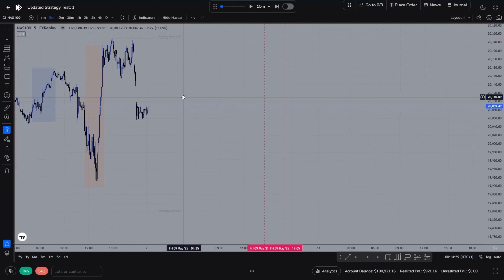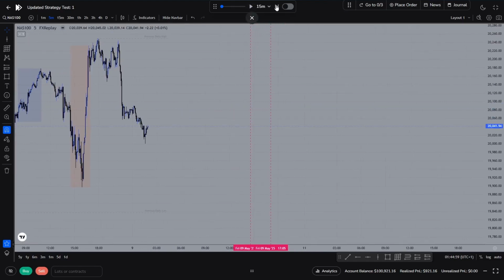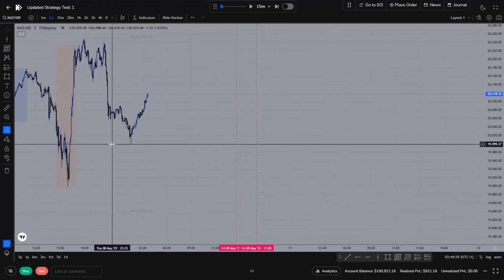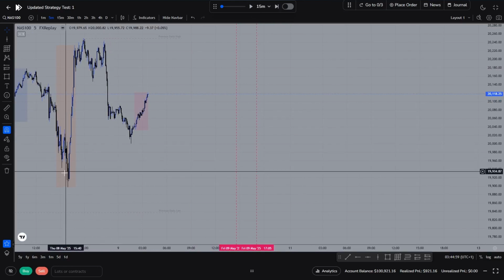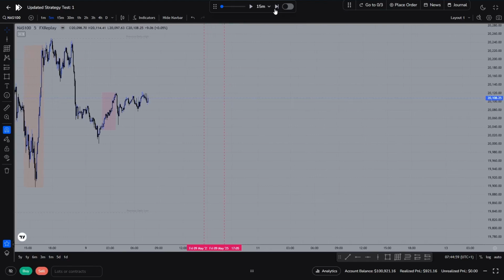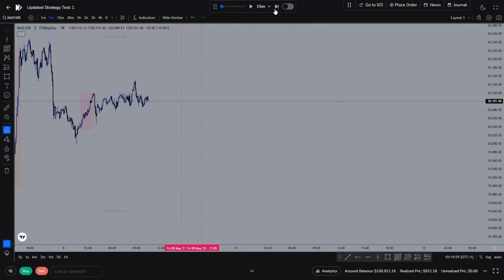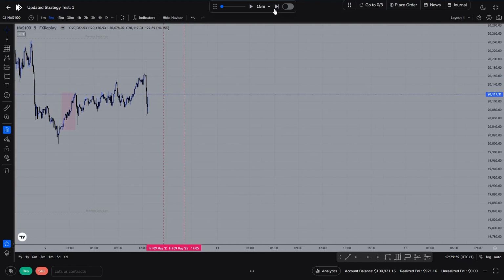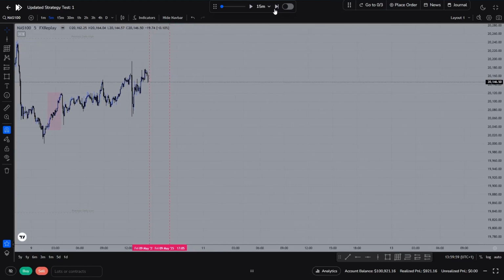Price took those equal highs and dumped back into. Nah, entry was more lower. There's a possibility my entry from yesterday could be today's entry.